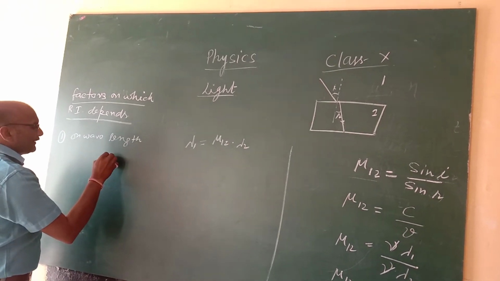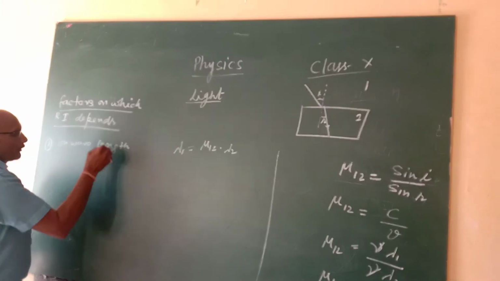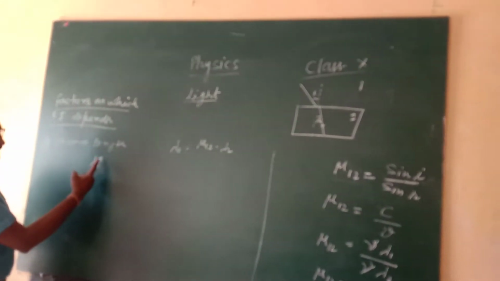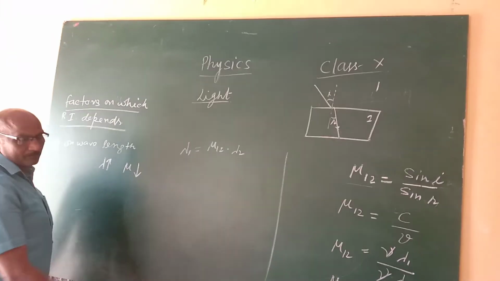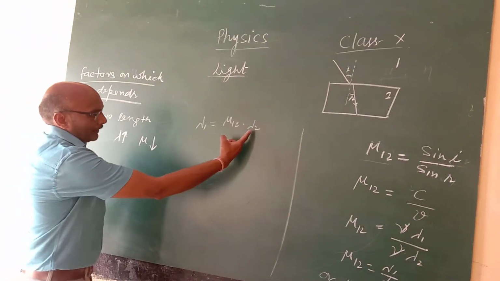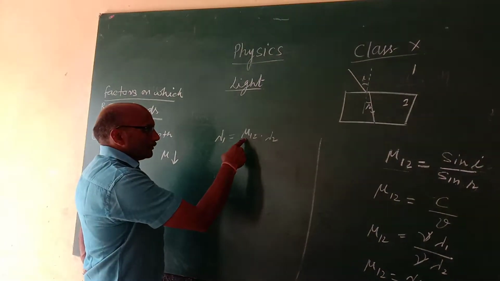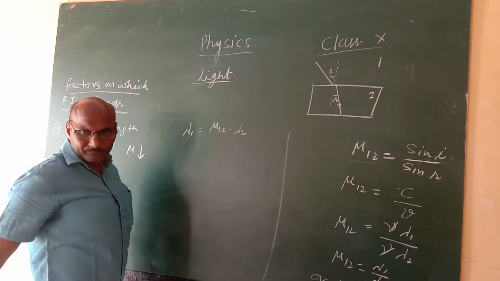When the wavelength increases, I am showing this arrow in the upward direction, the refractive index decreases. They are inversely proportional. As we know, if lambda 2 is more, then mu 1 2 will be less. The product is constant.